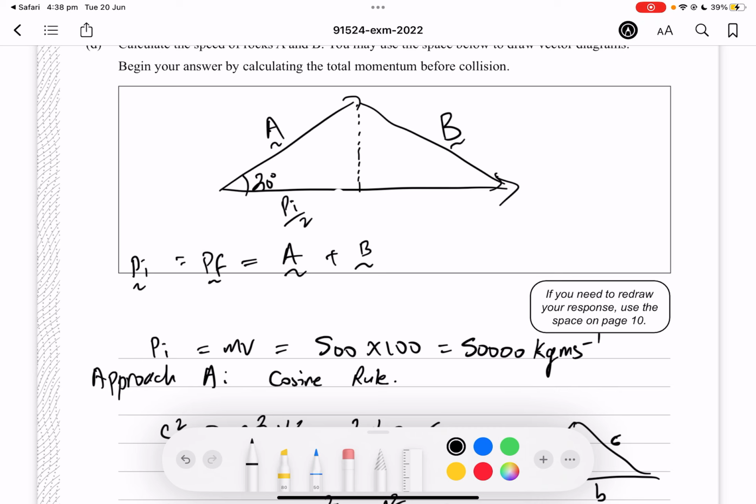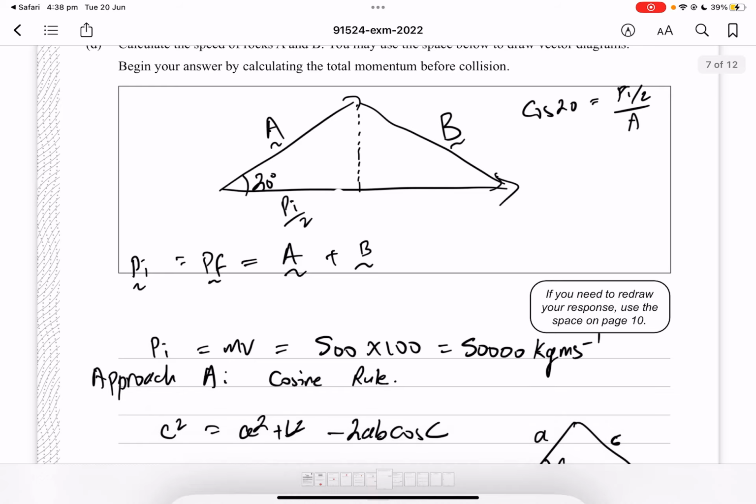And you can just say that cos of 20 is something divided by A, and then you can just solve this as you normally would with the cosine rule, and you should get the exact same answer. Both of these methods rely on the assumption that A and B are the same, which we did show was exactly the case in the previous question.